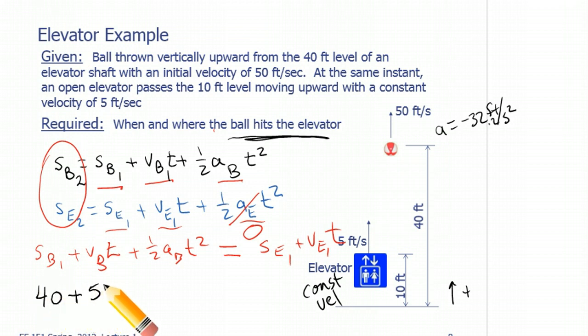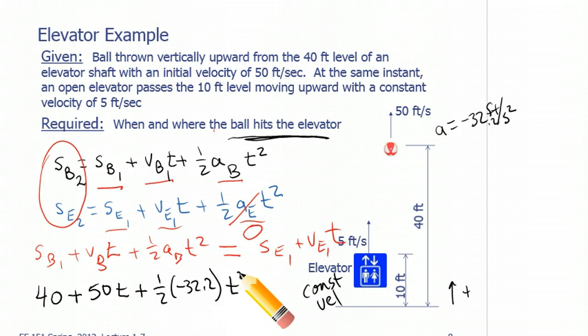The velocity of the ball is 50 feet per second times some unknown number of seconds, plus 1/2 times minus 32.2 feet per second squared times t squared, is equal to the position of the elevator, 10 plus 5t. So now we're back down to algebra, solving a quadratic equation for t.